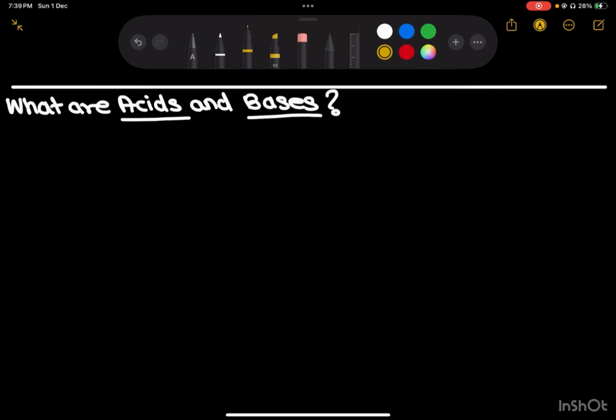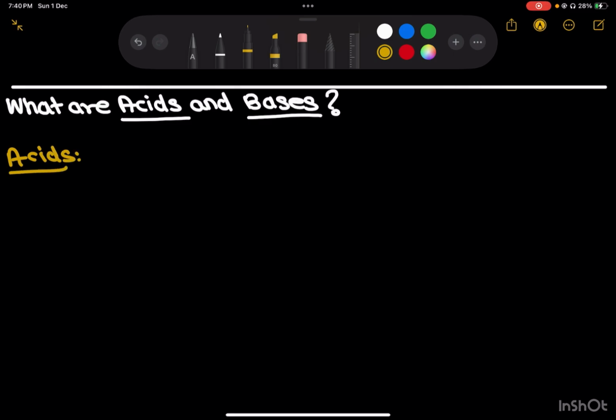Whatever I'm going to write now here. There are many theories regarding what exactly are acids and bases. For example, there is the Bronsted-Lowry theory, or the Lewis acid-base theory, right? But you'll study about all of that in your higher classes. For now, you only have to study the characteristics of acids and bases, right? So let's start with acids.